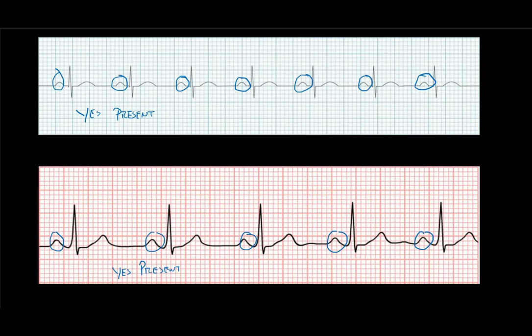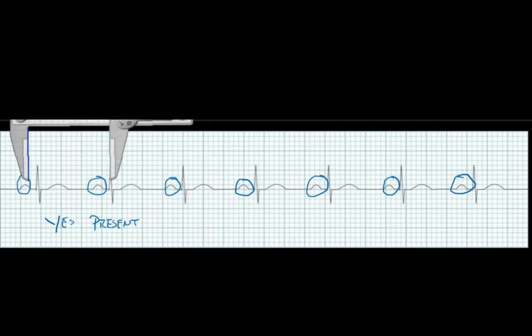Now, to determine whether or not they are regular, we need to use our calipers. So I'll pull those back in here. It doesn't really matter which way you use this, whether you use the ones on the top or the ones on the bottom. And everybody always wants to know, should we go to a particular part of the P wave? I like to go at the top.